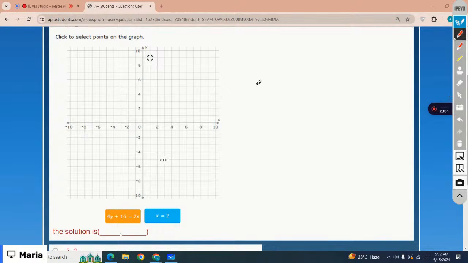Sorry. Okay, when x is 0, y is negative 4. When y is 0, x is 2 times 8, which is 16. Okay, now let me just make a point. x is 0, y is negative 4, and here. And you have to make a line here. So let's just make the lines.